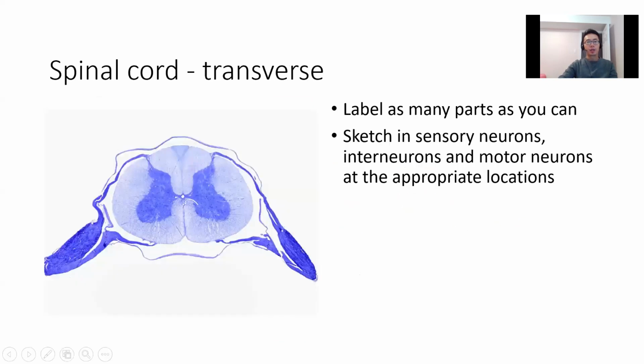Okay, label as many parts as you can and sketch the sensory neurons. We've done this several times already, but we can try to sketch it again. We have the sensory neuron coming in, right, like this. So this is the sensory neuron, which is the afferent pathway.